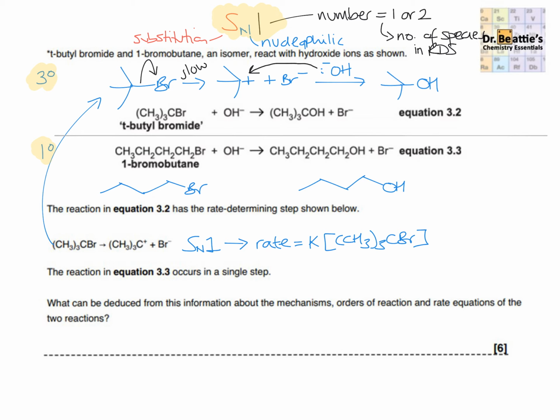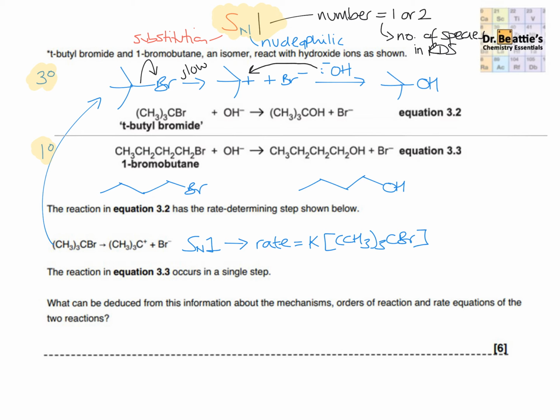So when it's asking you what can you work out about the mechanisms, we've come up with a mechanism. We've got the orders of reaction. We know it's first order for the T-butyl bromide, but zero order for hydroxide, and we've developed a rate equation for it based on the information given.